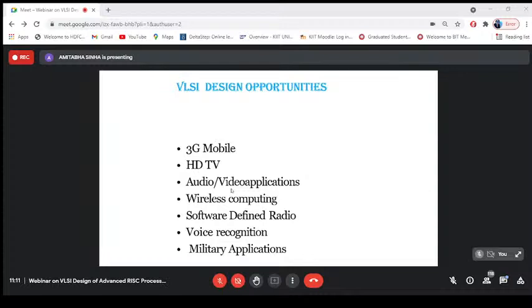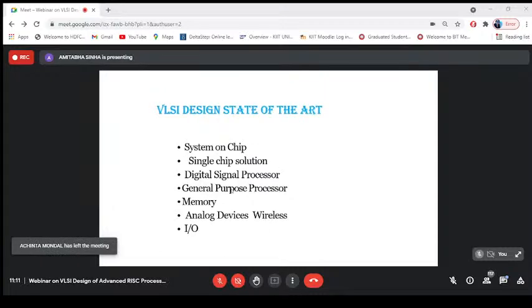Out of that, almost 85% of markets are occupied by consumer electronics, where the VLSIs are used. And what is the VLSI design state of the art? System on chip, single chip solutions, digital signal processors, general purpose processors like Pentiums, memory, analog devices, wireless communications, special purpose I/O.